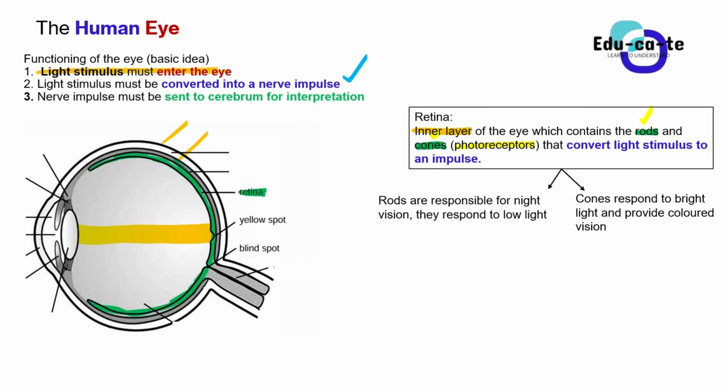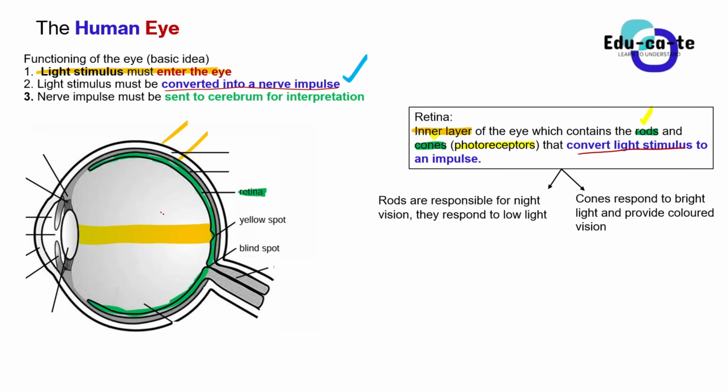They are found on this layer, on the retina. You need to know their function, which is to do what is to be done in number 2. The light, remember, must be converted into a nerve impulse. So the photoreceptors, the rods and cones, convert the light stimulus.